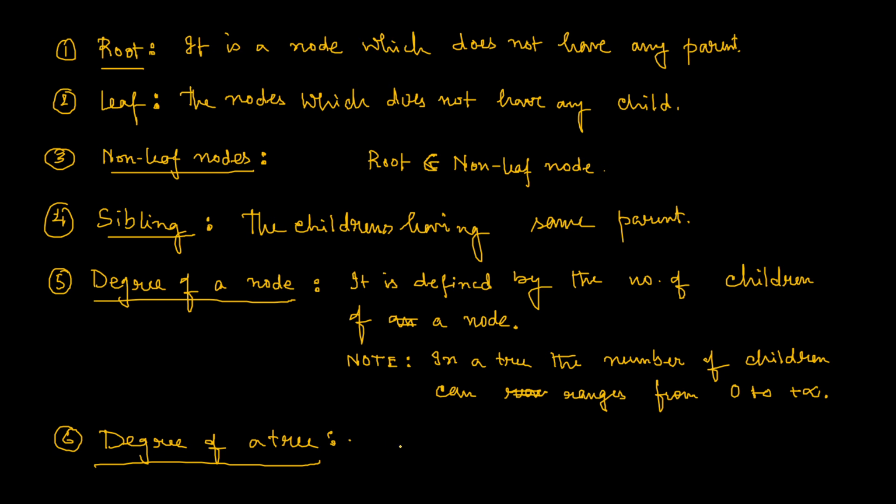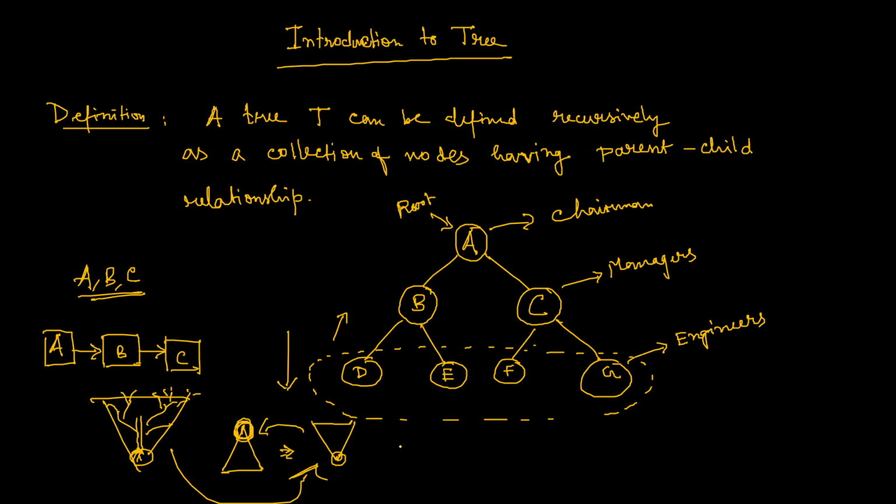Obviously, it's not guaranteed that each and every node will have an equal number of children. Some nodes may have 1 child, some 2 children, some 3 children. So a tree can be something like this also.